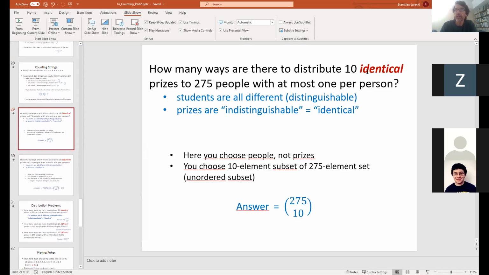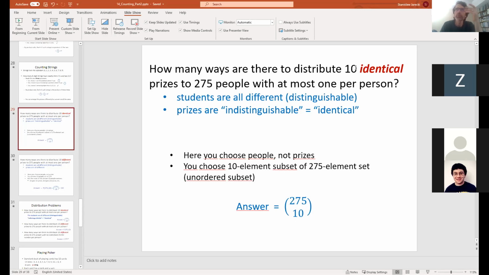But they're identical, every A+ is the same. Now I ask, how many ways are there to distribute these prizes to students? Well, in this question, the prizes are identical.